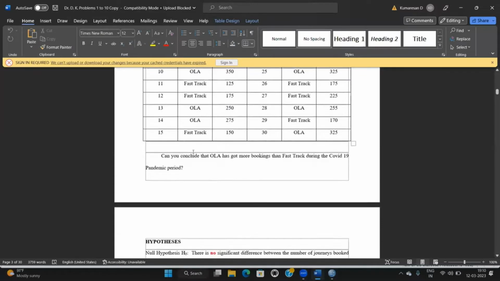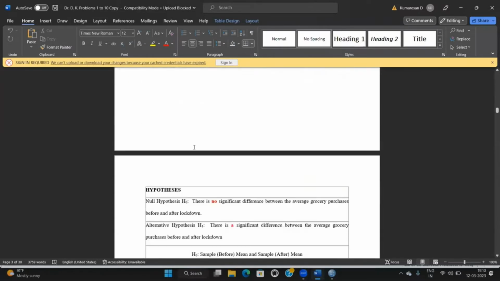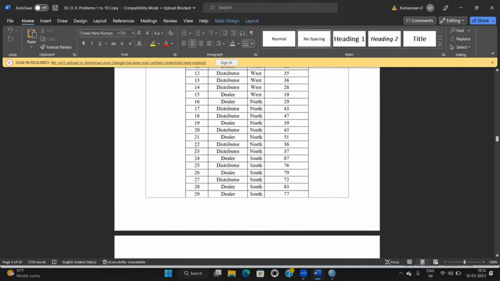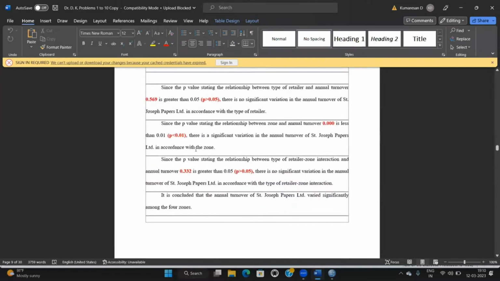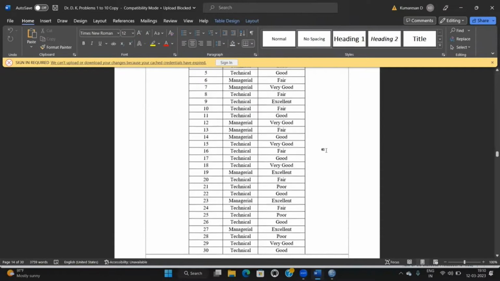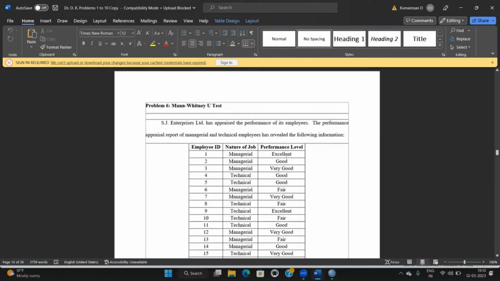Look at the Mann-Whitney U test. This is the problem I have given to you for the Mann-Whitney U test. There is a company with some 30 employees, categorized on the basis of nature of job.